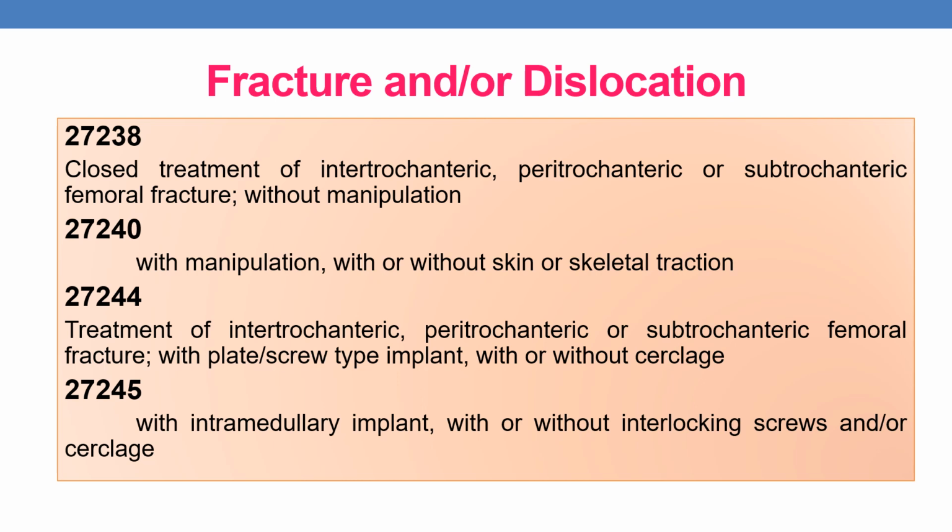And 27244 deals with treatment of intertrochanteric, peritrochanteric or subtrochanteric femoral fracture with plate or screw type implant with or without cerclage. And if it is done with intramedullary implant with or without interlocking screws and/or cerclage, the CPT is 27245.